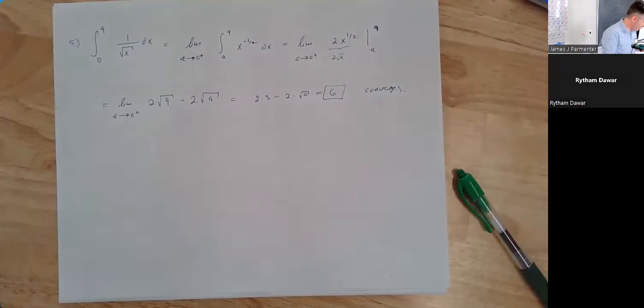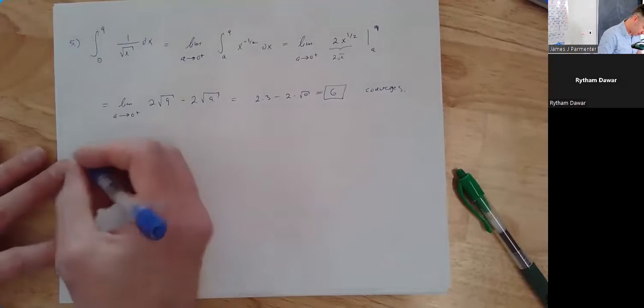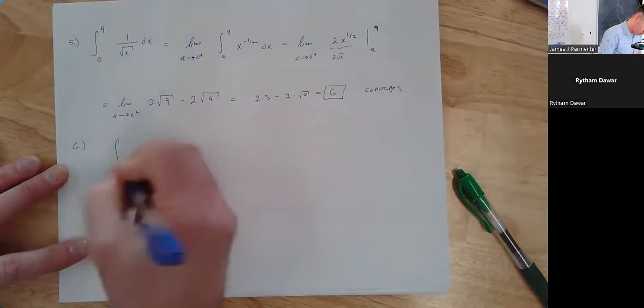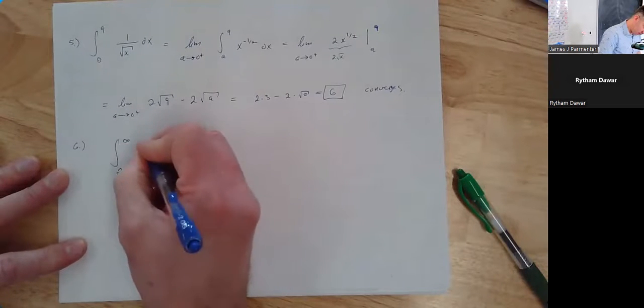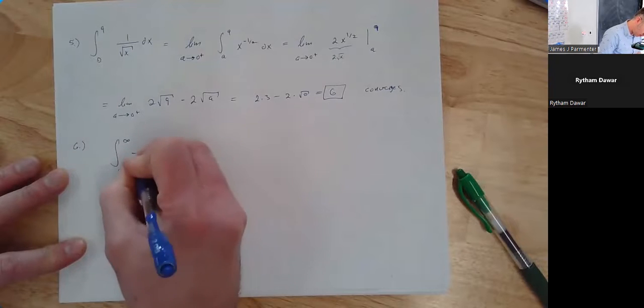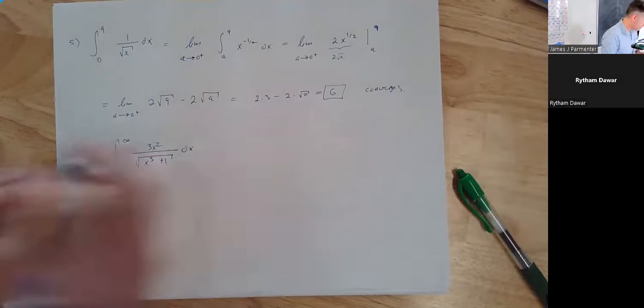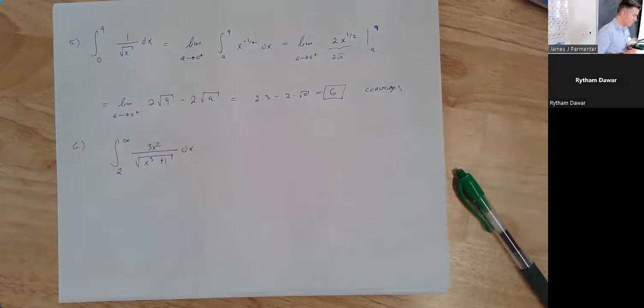Okay, so let's look at some more examples, because there's a few things I want you all to know. Like this example: I want to find the integral from 2 to infinity of 3x squared over the square root of x cubed plus 1. And you might see a pretty straightforward u substitution.